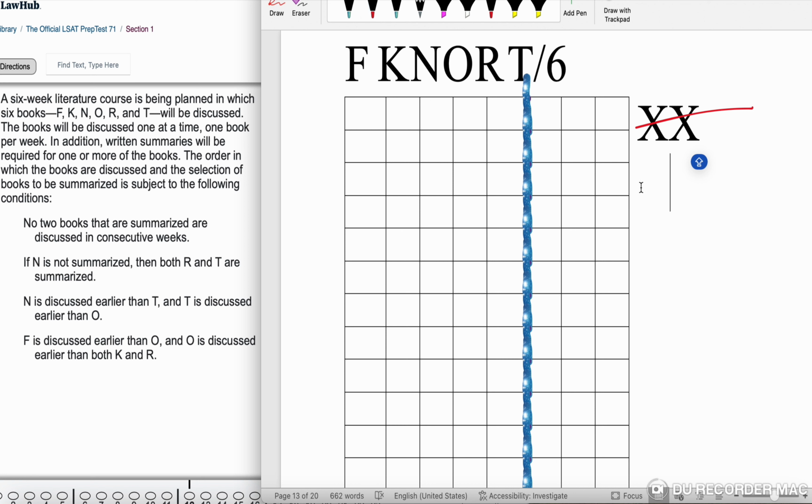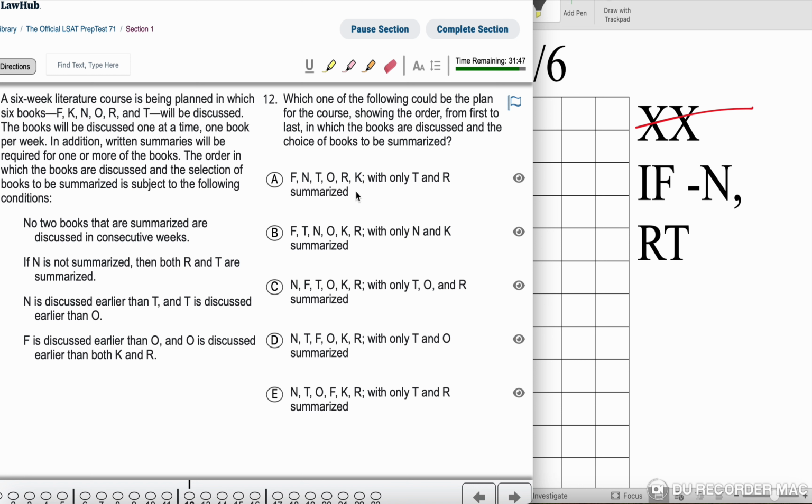Next condition, if N is not summarized, then R and T. So no 2 books that are summarized are discussed in consecutive weeks.